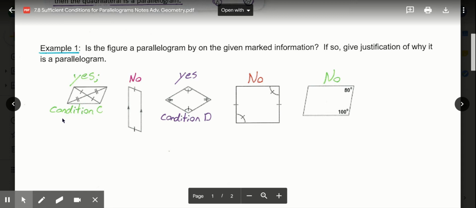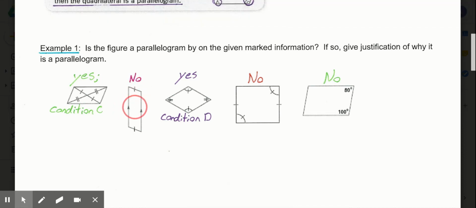In our second image, we have congruent sides and then a different set of parallel sides. That's not enough information to classify it as a parallelogram. In our third image, our opposite pairs of angles are congruent.